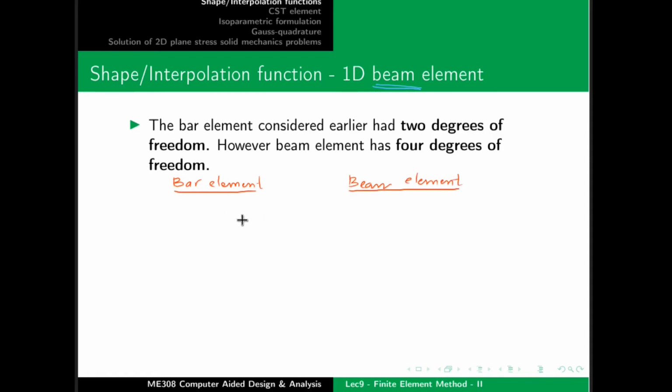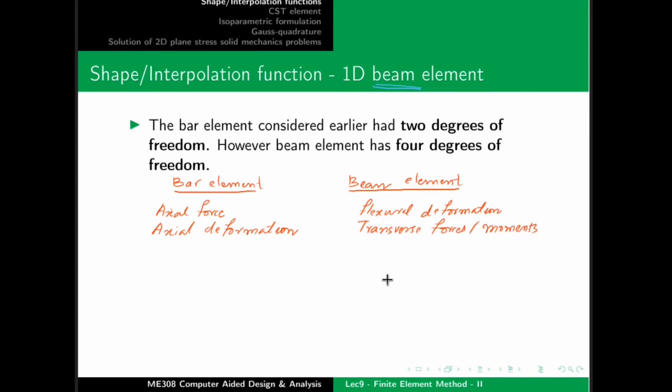A bar element undergoes axial force and deforms in axial direction, whereas a beam element undergoes flexural deformation. They are subjected to transverse forces or moments and deform perpendicular to the axis of the element. It's actually bending.